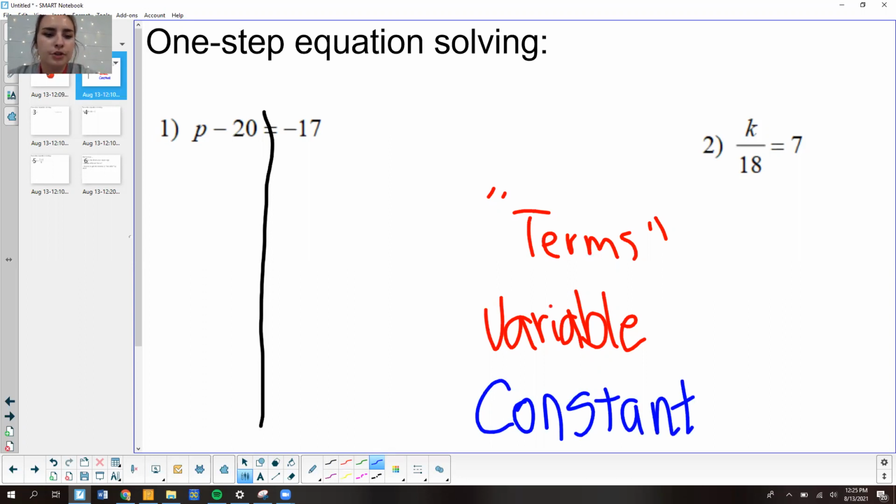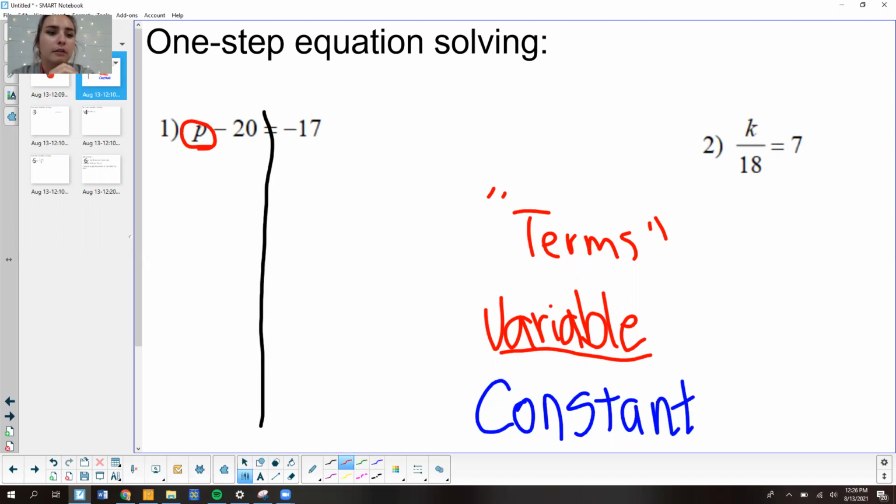So when we're looking at this equation in number 1, when I say variable, right here, variable, that represents the letters. So if you're like, why the heck are they putting letters in math? This is why. So we've got P, that's our variable term. So anytime you see the letter or a letter in your equation, that's what you're solving for. That's an unknown value.